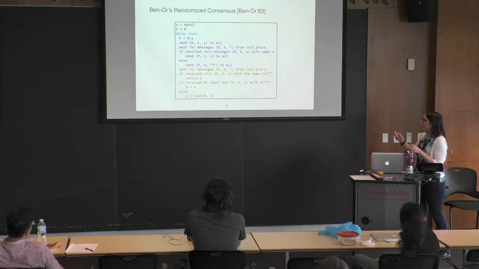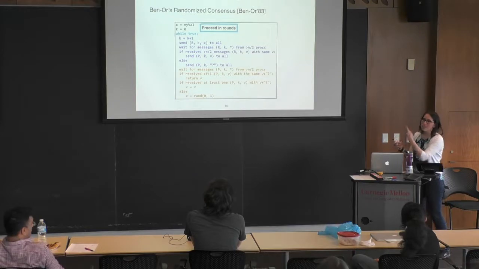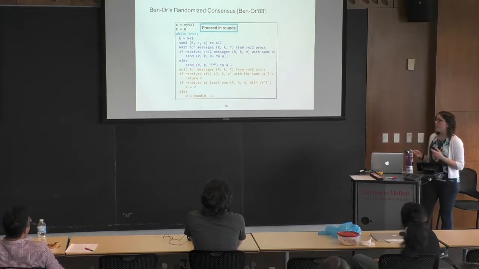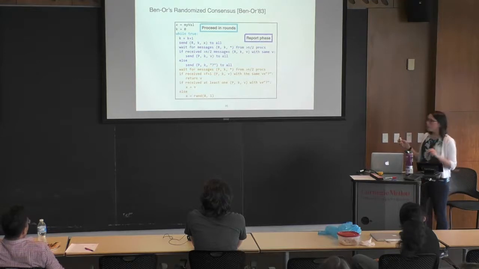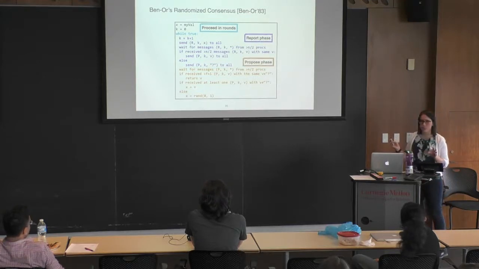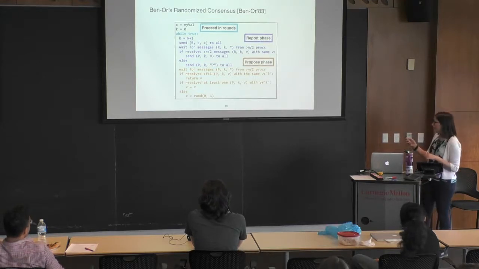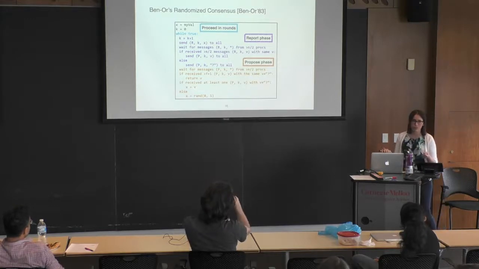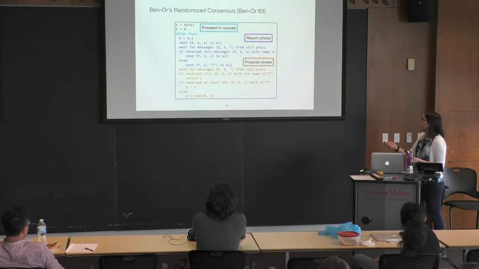So as a high level, this algorithm proceeds in rounds basically forever until you terminate. Each round is divided into 2 phases, what we call the report phase and the propose phase. The idea in the report phase is you simply tell everybody what your current value is, right? So you send a message saying report with your value X to everyone.